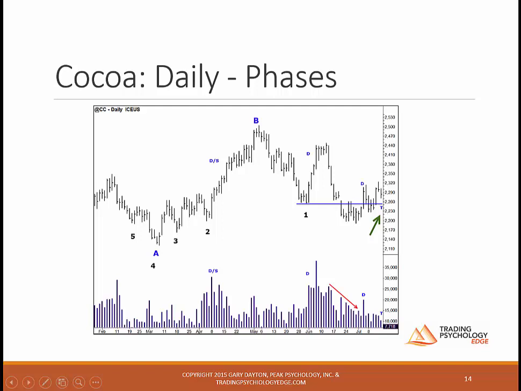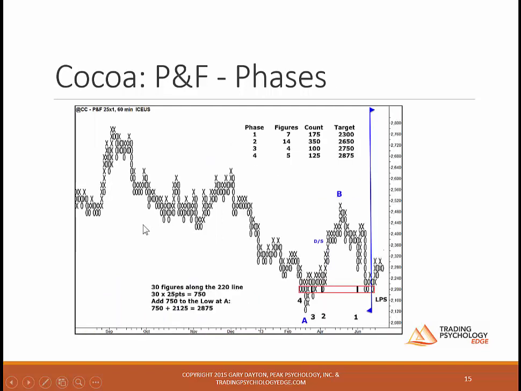So let's go to our point and figure chart here for a second. I think it's somewhat easier to start it this way, but we can see that we've got along the 2200 line here, we've got this area.